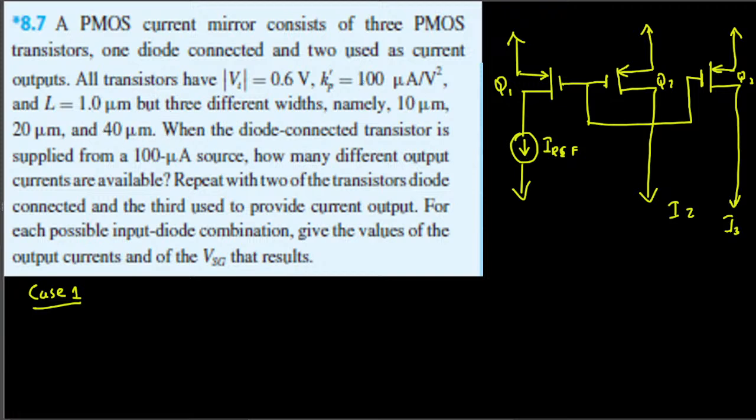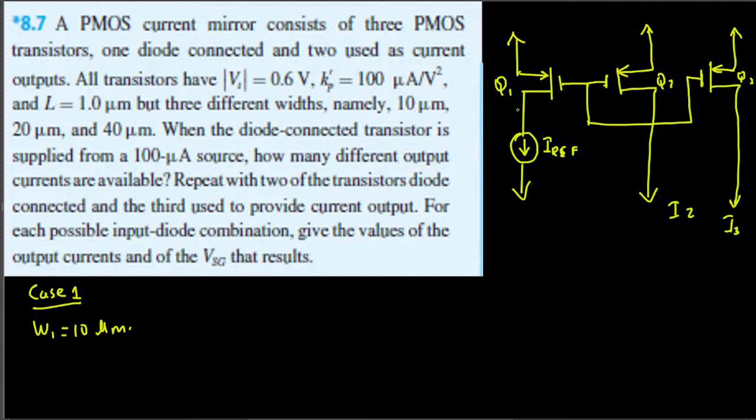We have different widths: 10, 20, 40. So each time we are going to assume a different width for the first one. So if I assume 10 micrometer for the first one, then I can say W1 is equal to 10 micrometer.